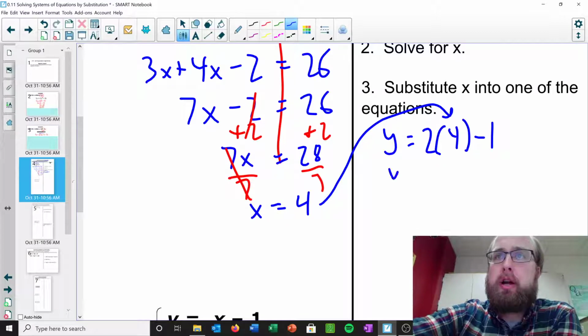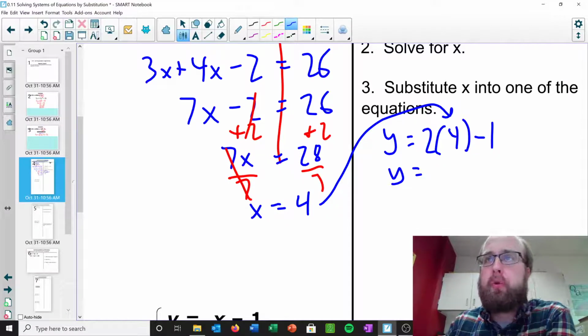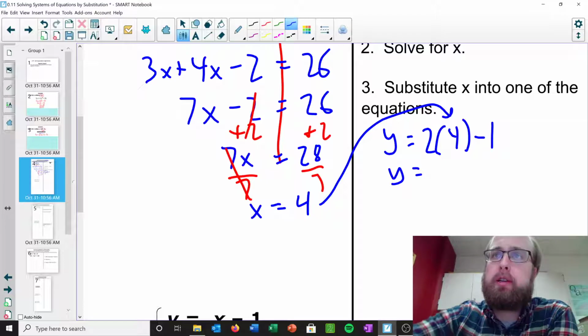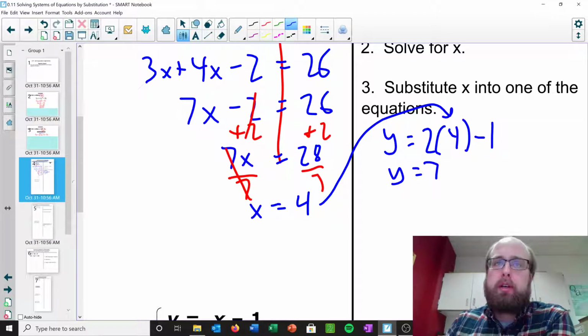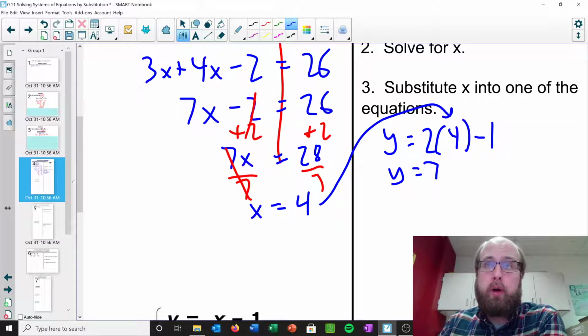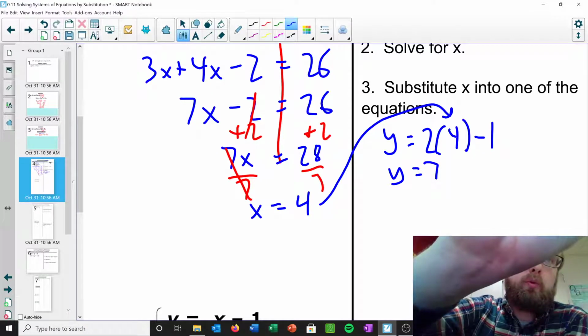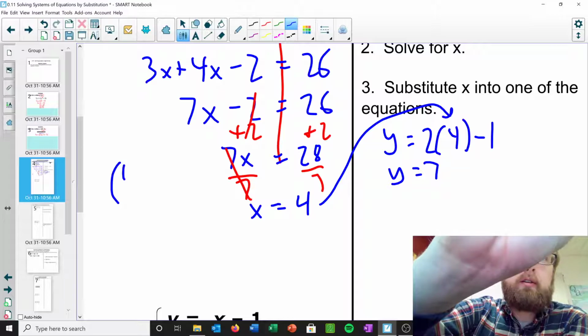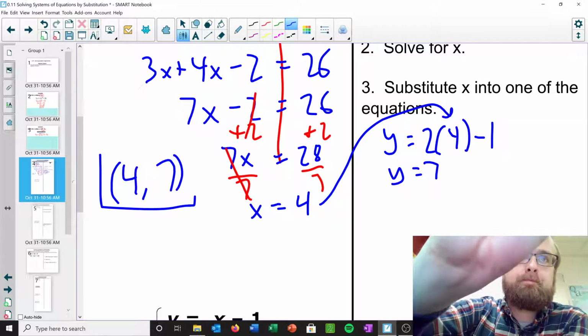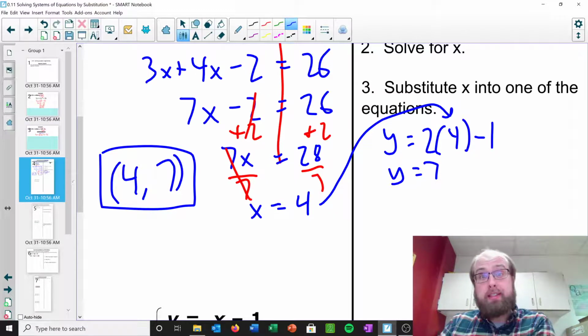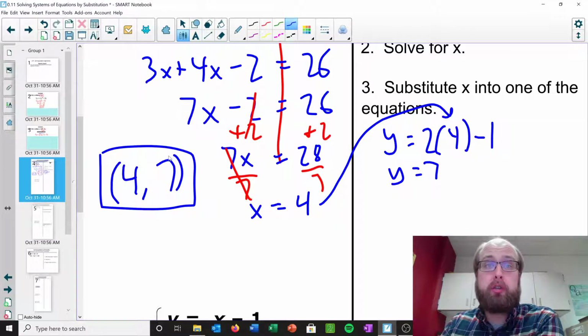Well, 2 times 4, that's 8, minus 1 is 7. And so our x value is 4, our y value is 7. Our answer would be the ordered pair 4, 7. And that's it. That is solving by substitution.